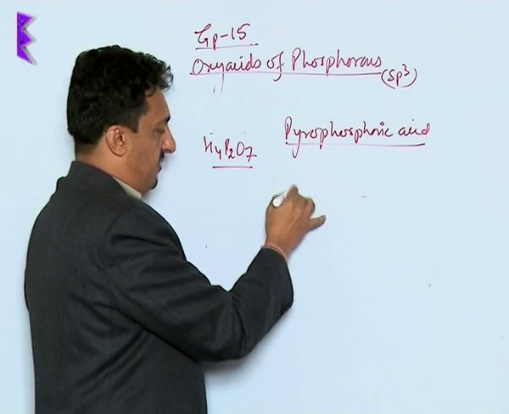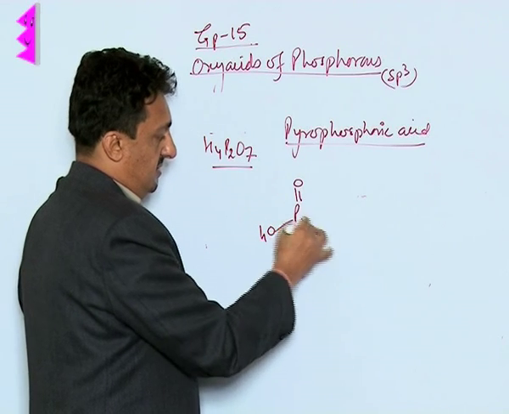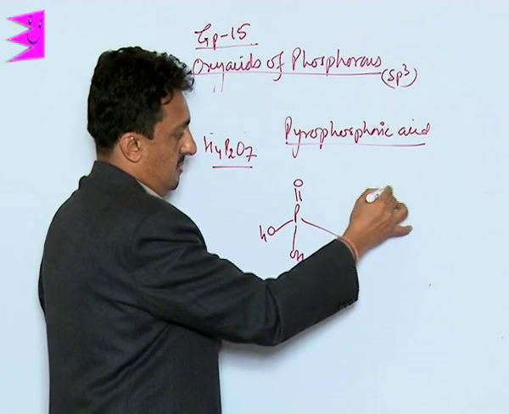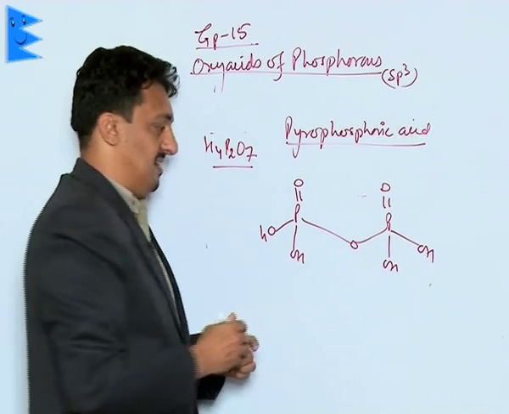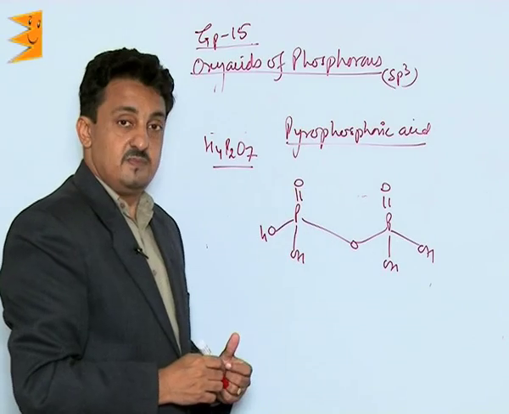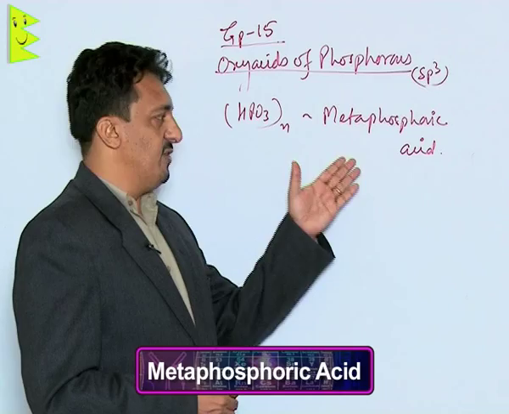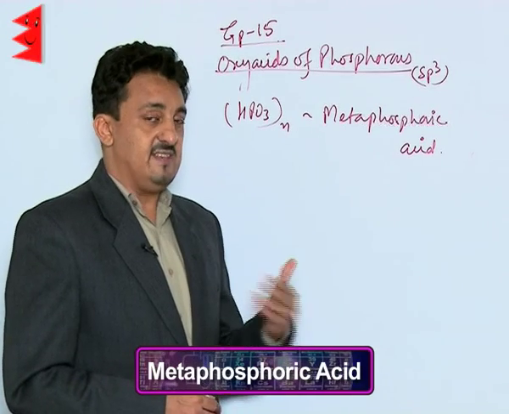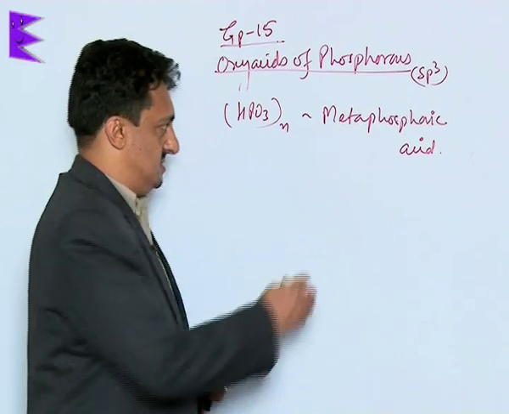In pyrophosphoric acid, we have this structure. So it's H4P2O7, pyrophosphoric acid. Now this metaphosphoric acid exists mainly in 2 different types of structures.